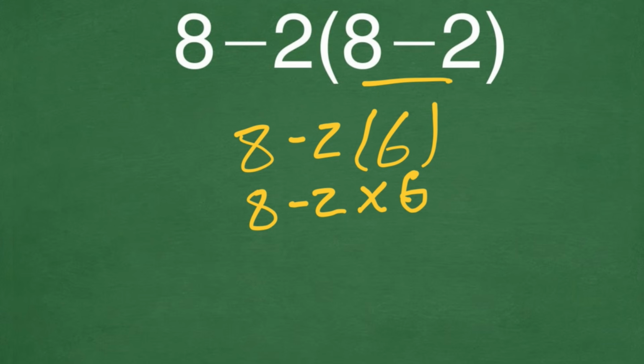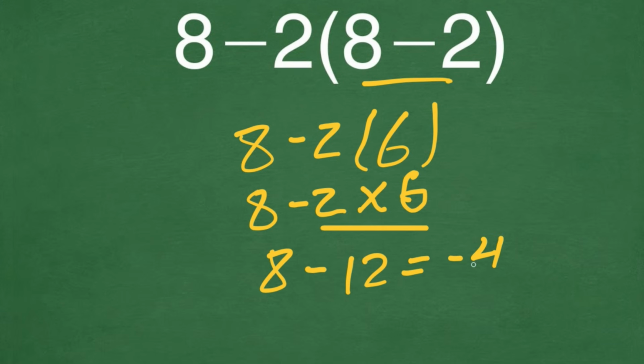And then the product of 2 times 6 is going to be the number we subtract. So here we have 2 times 6, which is 12. And 8 minus 12 is equal to -4. So this is actually the final answer.